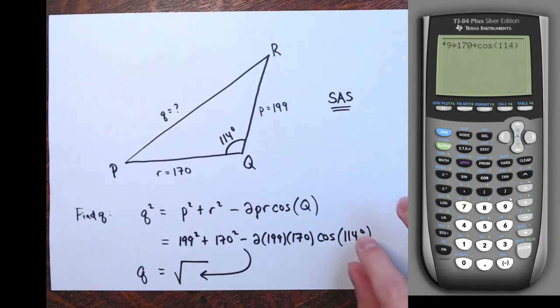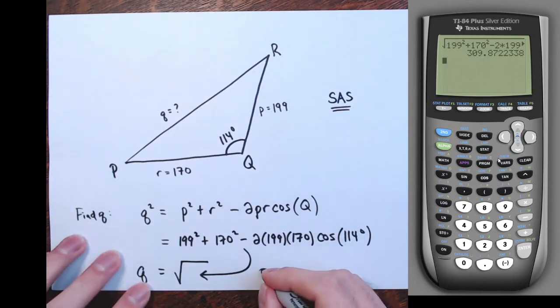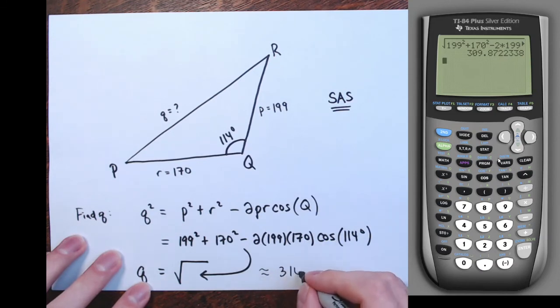And make sure all of this is inside the square root. See how my square root bar got really, really long? If you have an older calculator, make sure you just put parentheses around all this so it's all inside the square root. They said to round to the nearest mile, so this distance here is approximately 310 miles.